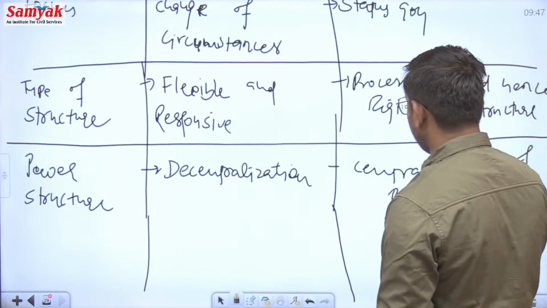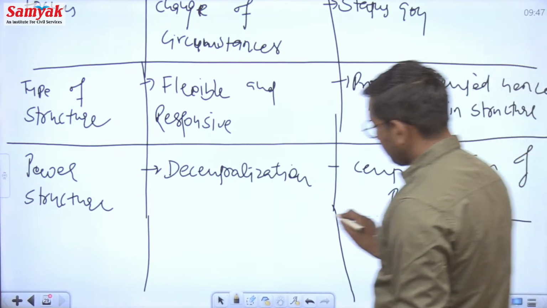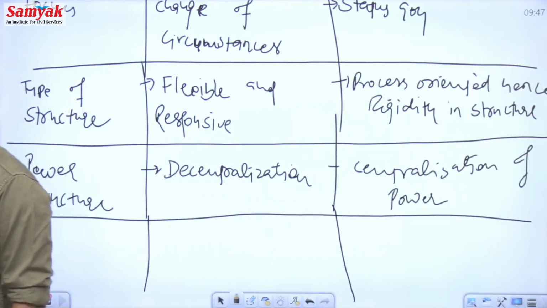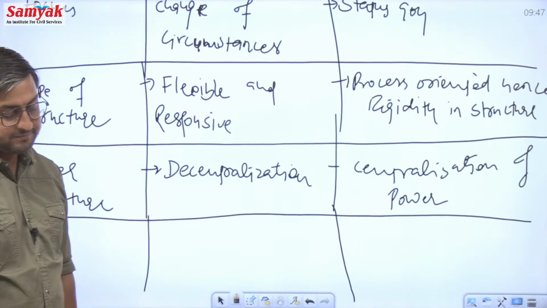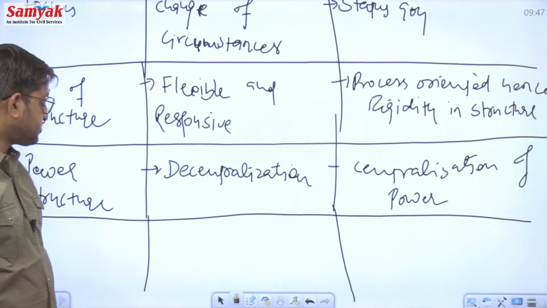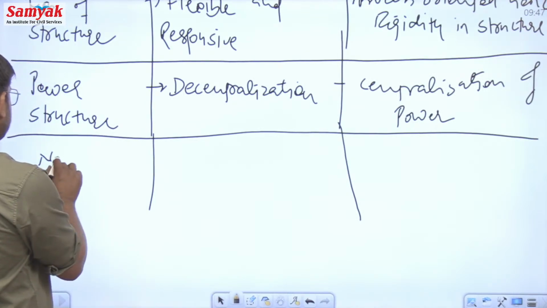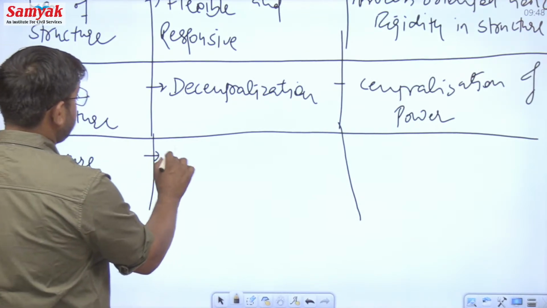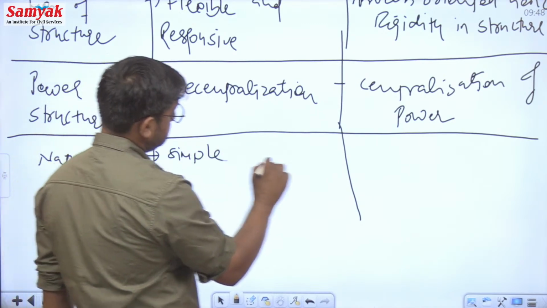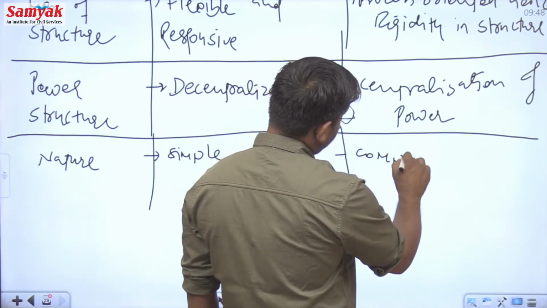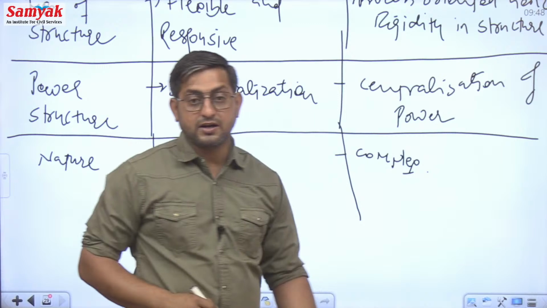Concentration of power, we can call it. So only the officer should be powerful and all the public should be powerless. Now comes the question of nature. It is simple, it is complex. So this is the difference between DA and traditional administration.